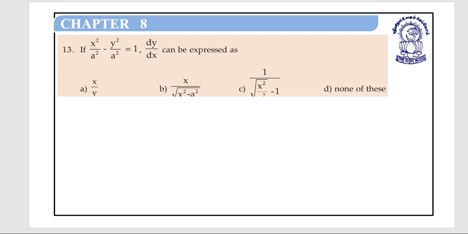If x square upon a square minus y square upon a square is equal to 1, dy by dx can be expressed as?